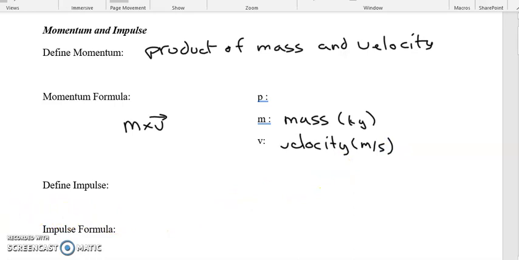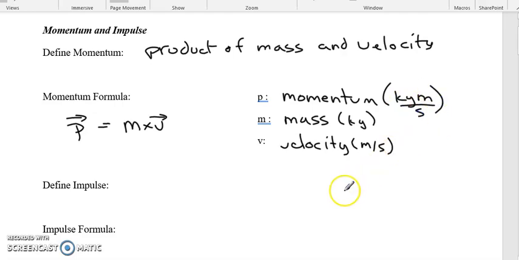So we've got a symbol for momentum, which is P. I honestly got no idea why it's P, but that is momentum, which means its units would be kilogram meters per second. But the definition is just the product of mass and velocity, multiplying the two together.